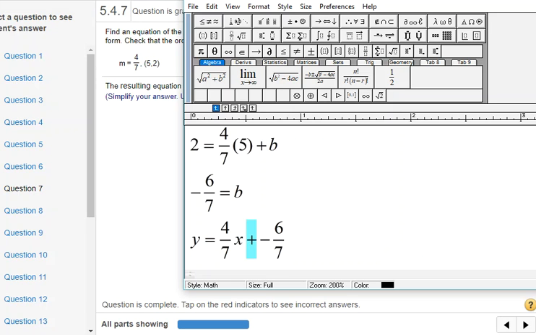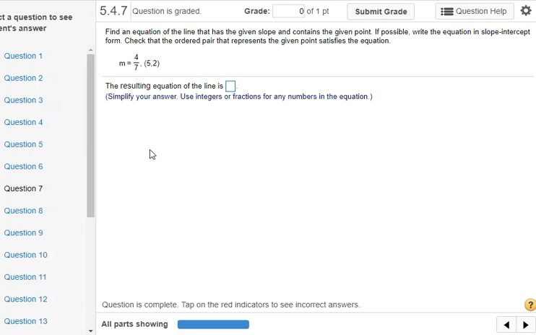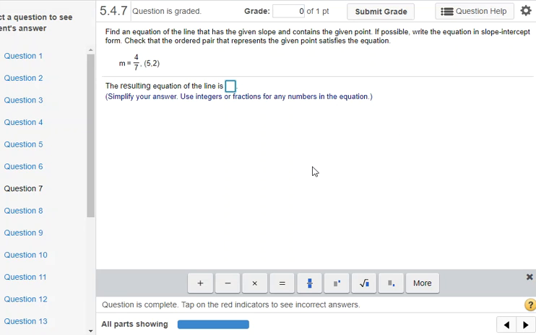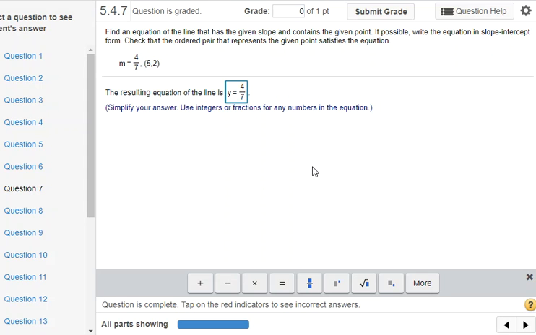You don't need to have plus then minus. You might as well just simplify it to just minus. So our final answer right here is y equals 4/7x minus 6/7. We don't have anything to check this with yet, so let's flip to the previous page and type this in.